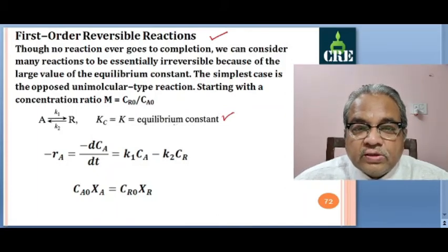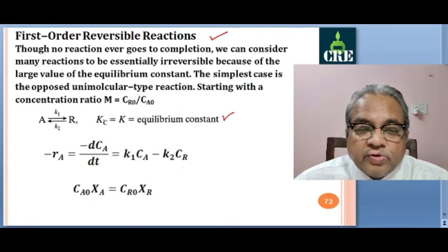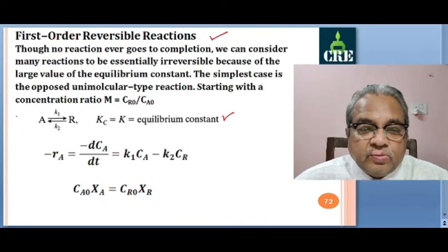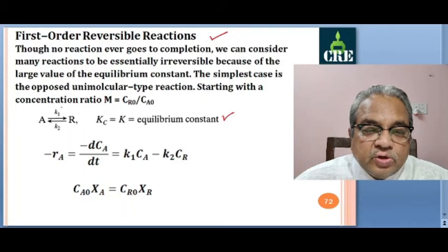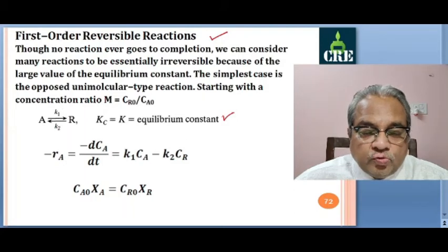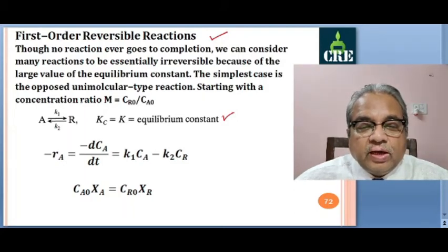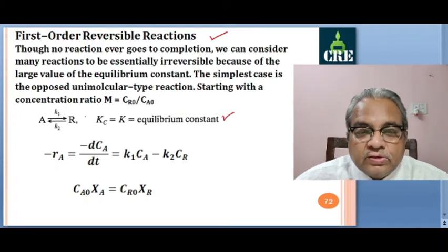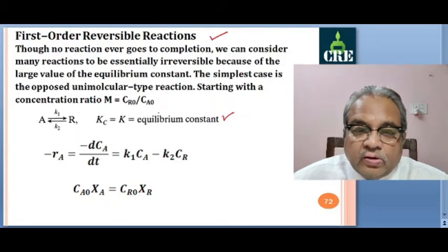For irreversible reactions, we have considered them essentially irreversible because Kc will be very high. Kc is nothing but the ratio K1 by K2, so K1 is very high and K2 is very low. So approximately A gives R only with the rate constant K1, because K1 is very high. Essentially R is formed.